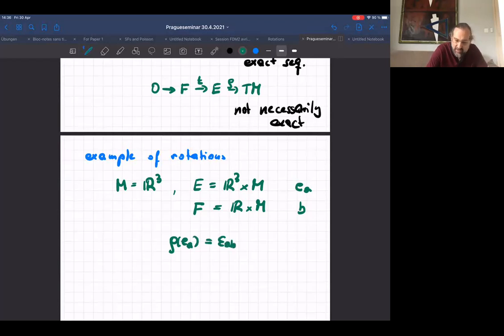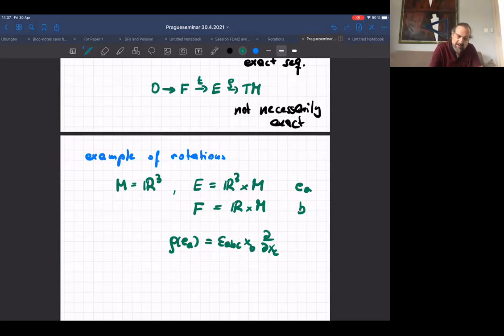So it's epsilon_ABC x^B d/dx^C. In this example, upper and lower indices are all the same because we have this canonical flat metric on R3, which we will use also as our Hamiltonian. So rho of E_A is these angular momenta, essentially operators from quantum mechanics. But as you see, if you contract them with x^A, this is identically 0 due to the antisymmetry of epsilon_ABC.